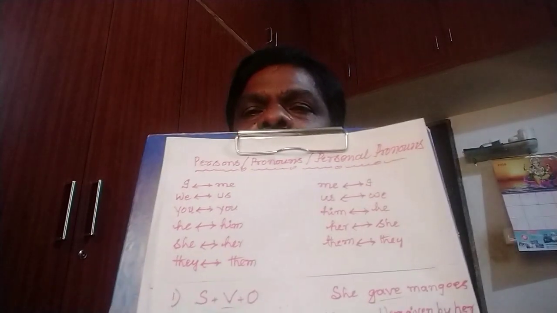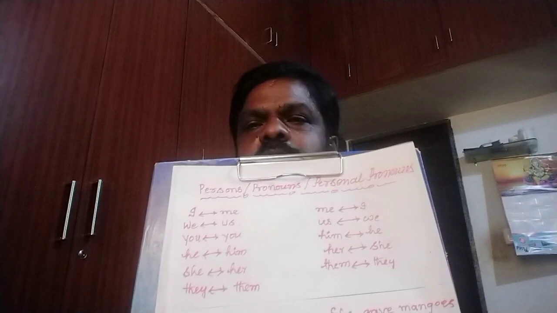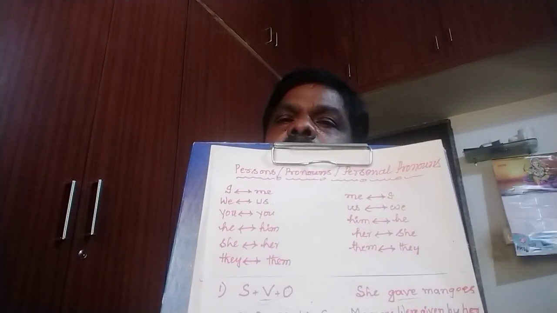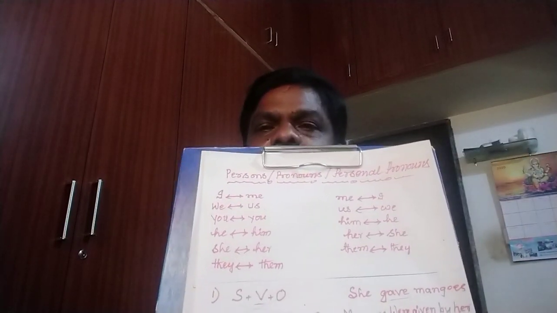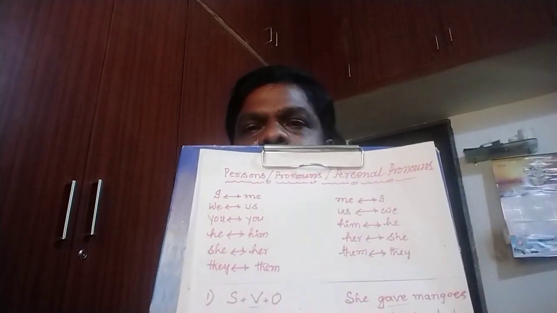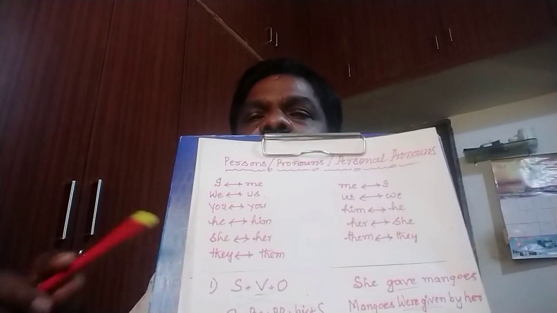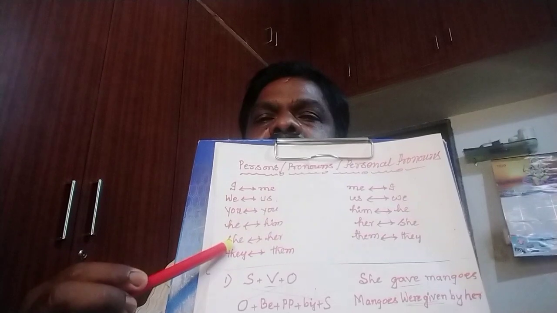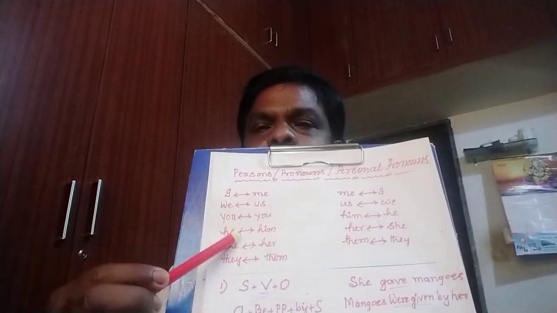I becomes me, we becomes us, he becomes him, she becomes her, they becomes them, it becomes it, you becomes you. So we have to change the persons, either changing from subject to object or object to subject.